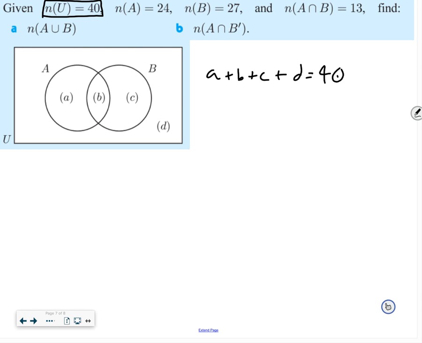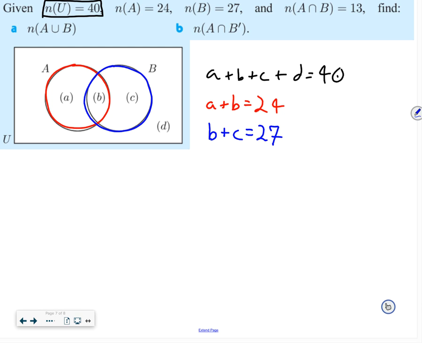The number of elements in set A is going to be A plus B, and that needs to be equal to 24. The number of elements in set B is the intersection, B, plus C, and those need to be equal to 27.